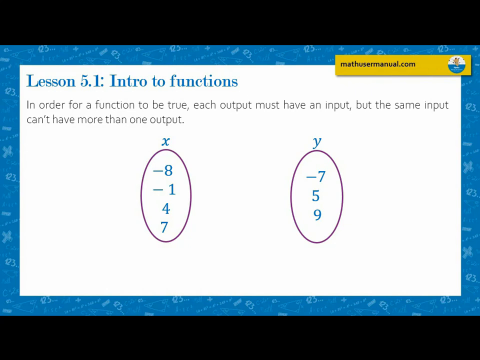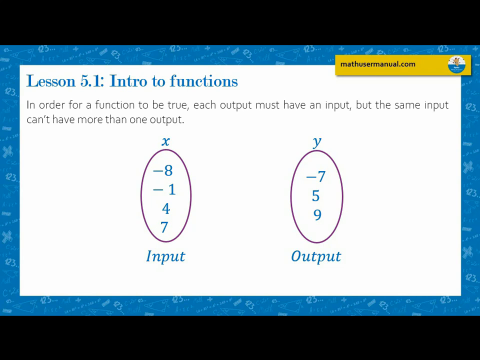In this case, this is just an example. The first variables, the first numbers, which are the x, are going to be the inputs. As we input these numbers into the function, we're going to get this set of numbers on the y, which we call the outputs.